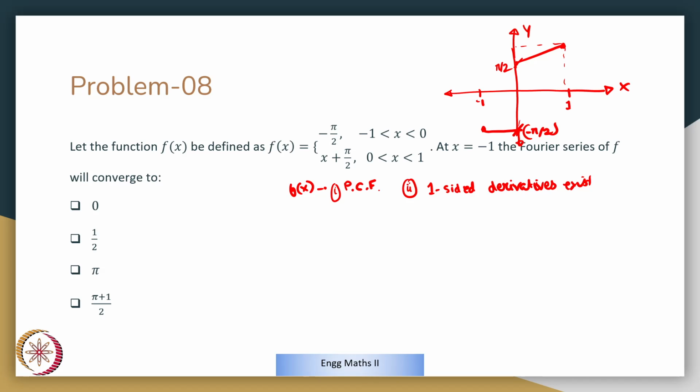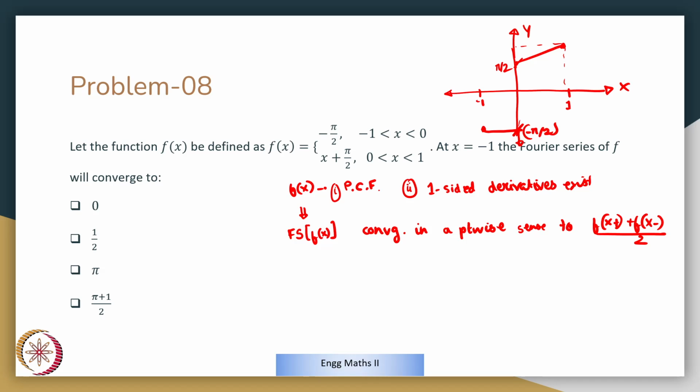What this would allow us to say is that the Fourier series of f of x will essentially converge in a pointwise sense to the average of f of x positive and f of x negative by 2.